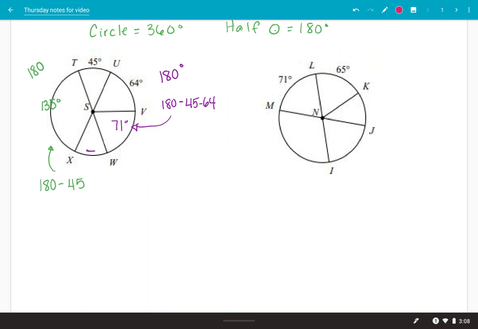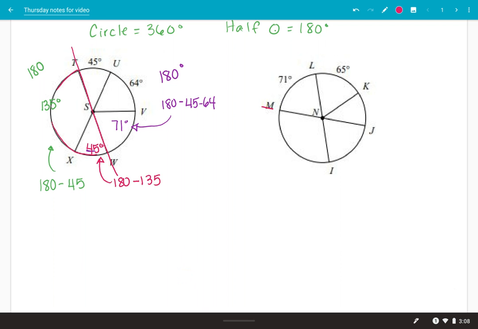And I can always draw my line going this way. And I know that going this way, all of that is 180 degrees. So I can go 180 minus 135 to get me this arc right there, which is going to give me 45 degrees. Always look to see if you can find diameters. It will make it a lot easier.